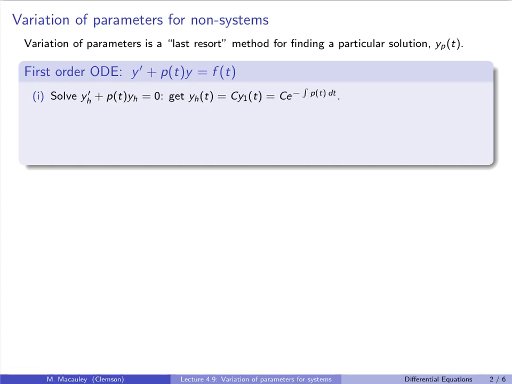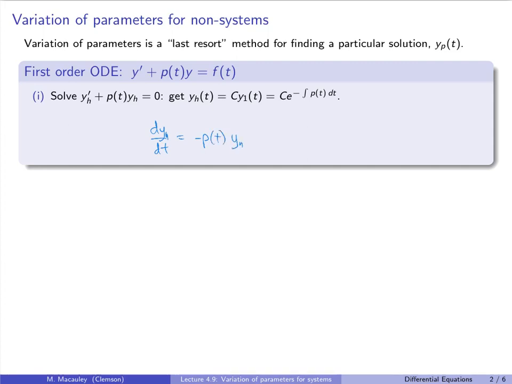Now, y1 of t has the form e to the negative integral p of t dt, but this is probably not how you learned it or know it. You don't memorize this as a formula, rather you just take the ODE and separate variables. So let me do that for you right now. That's dyh dt equals negative p of t yh.